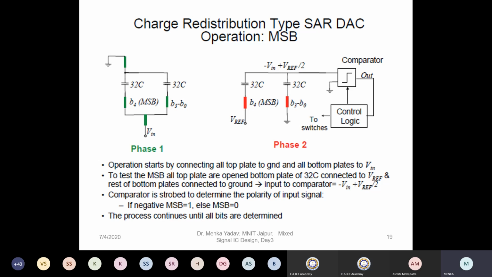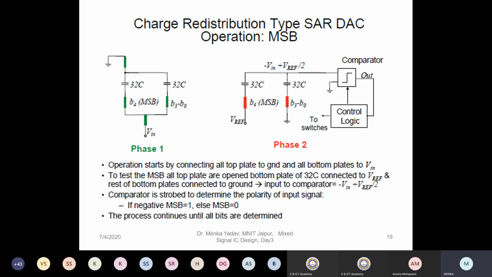So you just need to apply the voltage division rule. You'll see that it will come 3 by 4th of V reference, total V reference, which means we are going in the upper half of the portion.